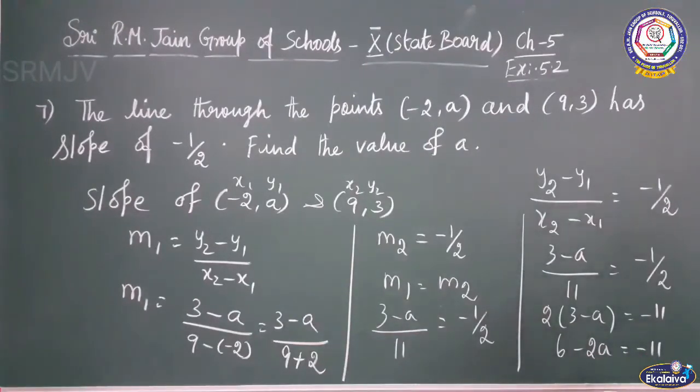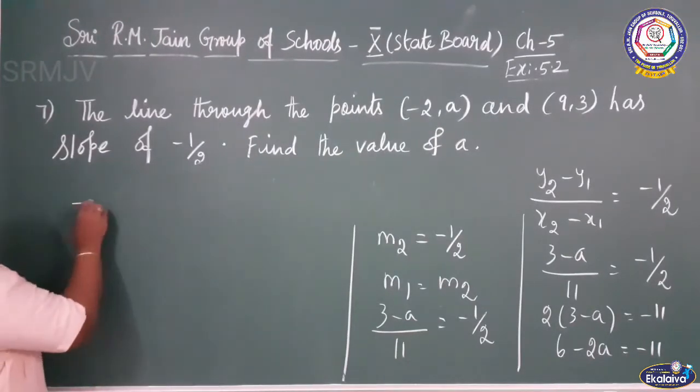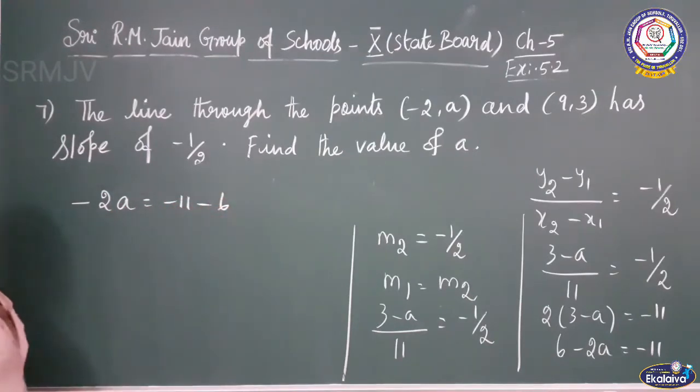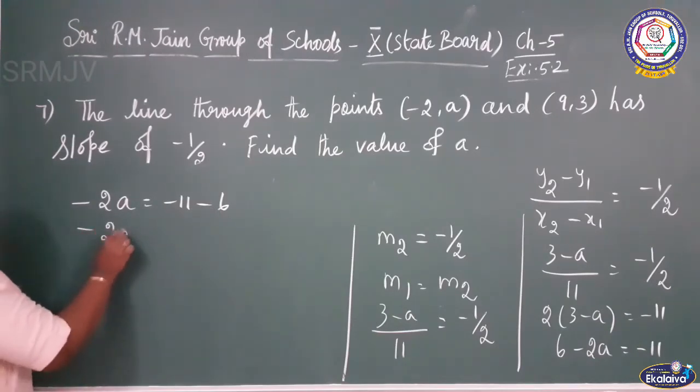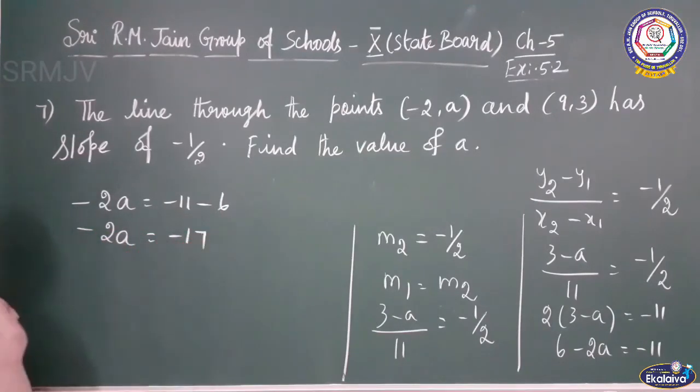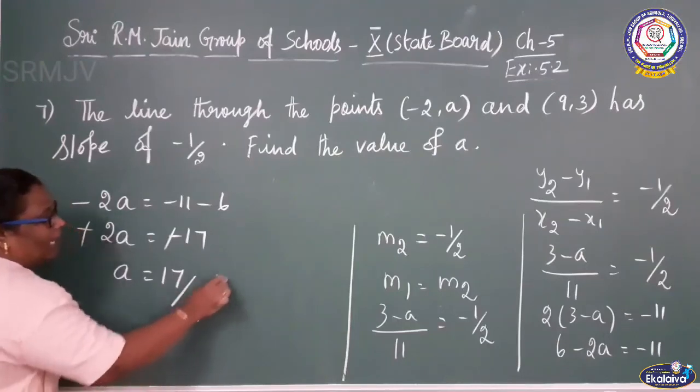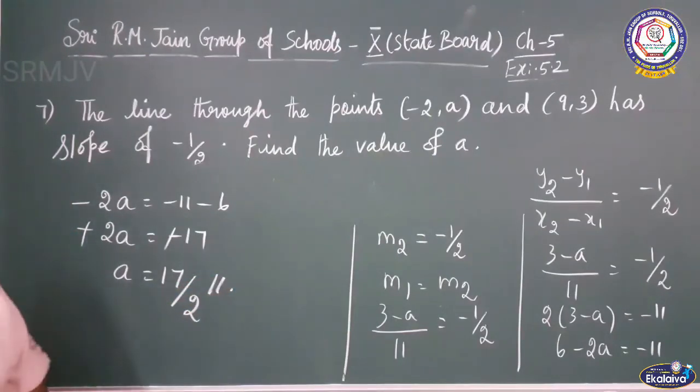So minus 2a equals minus 11 minus 6. Minus 2a equals minus 17. Minus minus gets cancelled. What is the value of a? 17 by 2. The value of a equals 17 by 2.